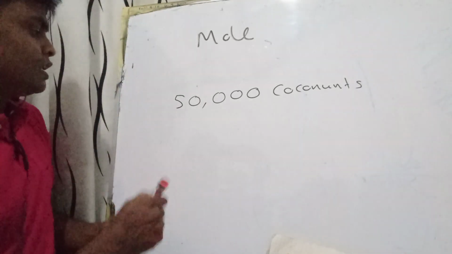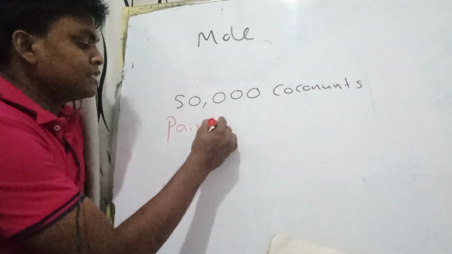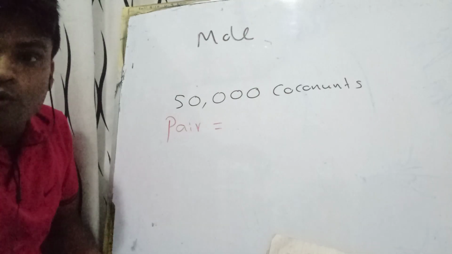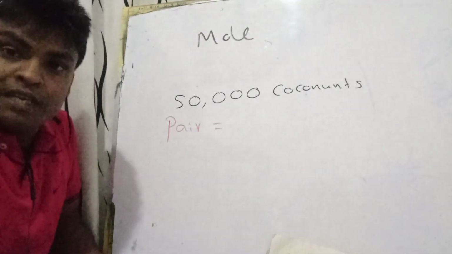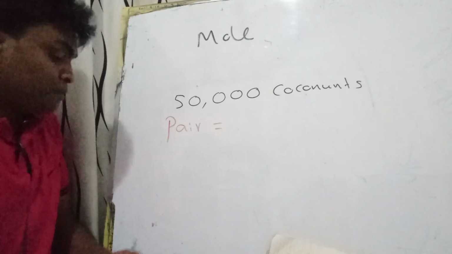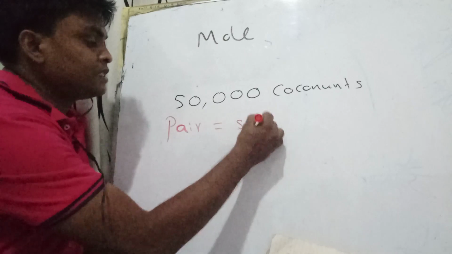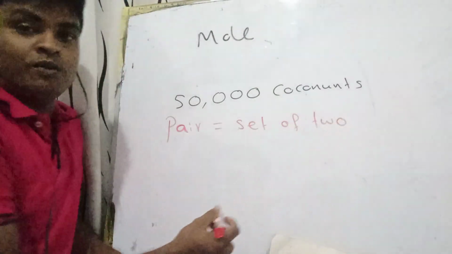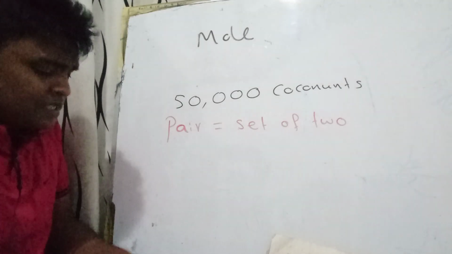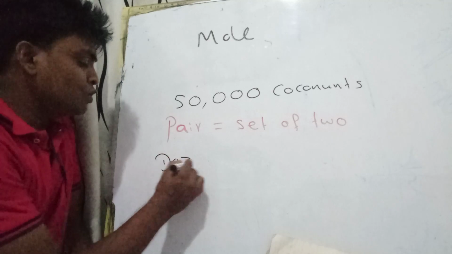So children, you can feel that pair is an easy, appropriate or convenient unit in a coconut estate. So the pair we call pair is what? Pair is a set of two. Set of two is called what? Pair.